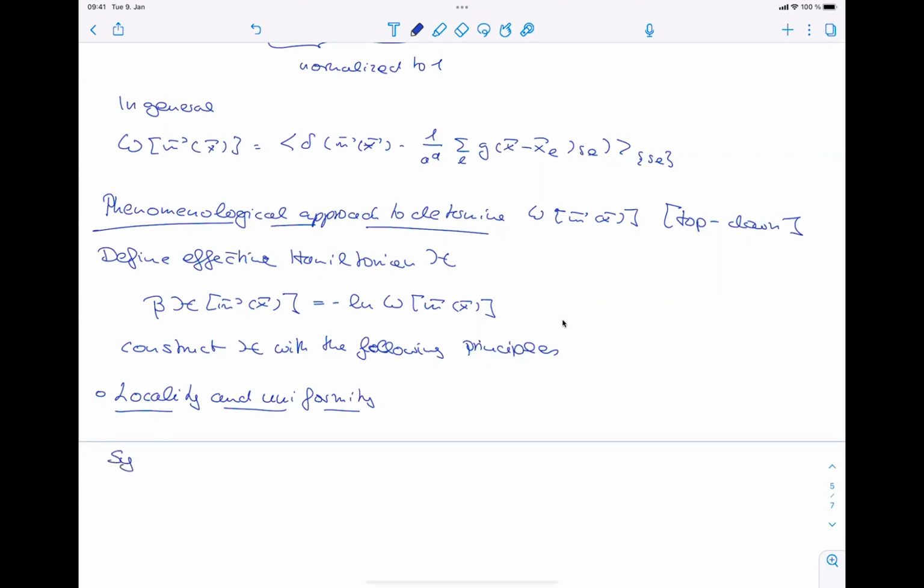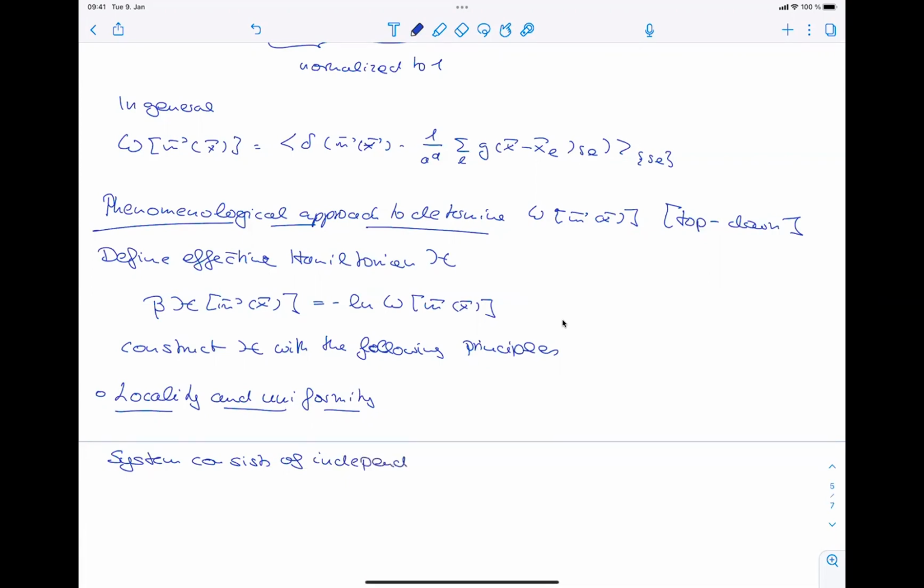So the system consists of parts, and these parts are in principle independent, but have the same interaction among each other.